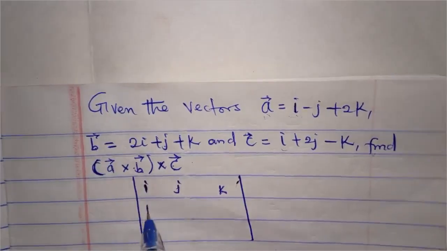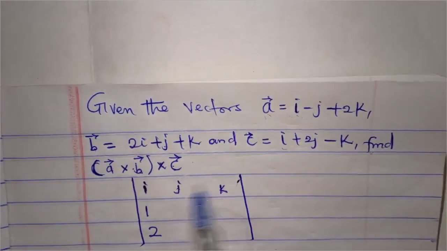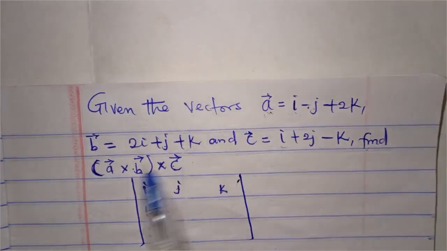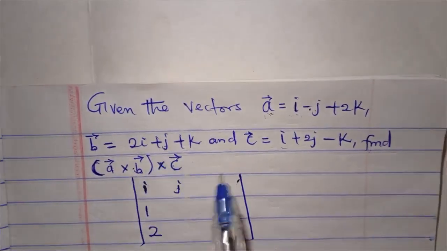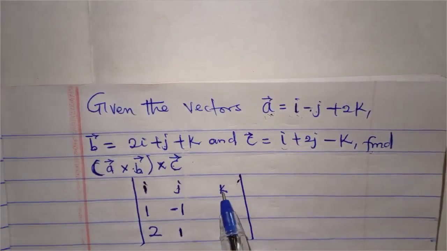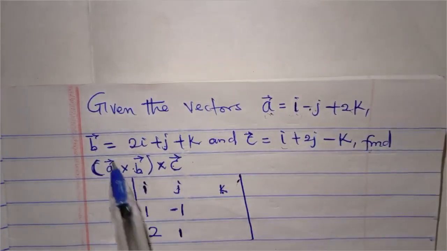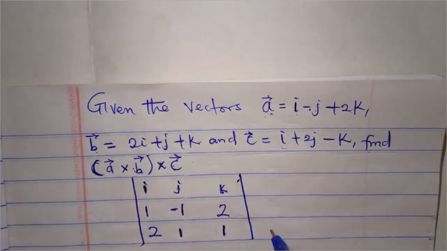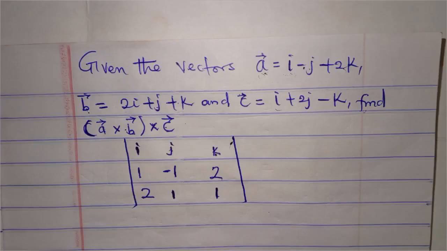So we have 1, 2. The coefficient of j for A is minus 1, for B it is 1. The coefficient of k for A is 2, and for B is 1. So we have 2, 1.